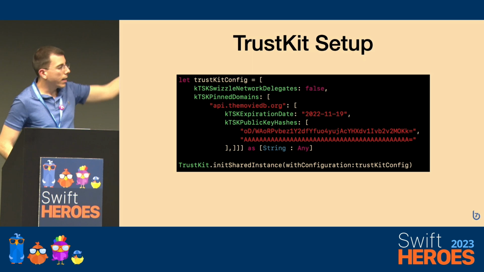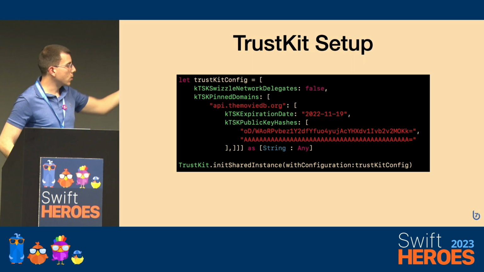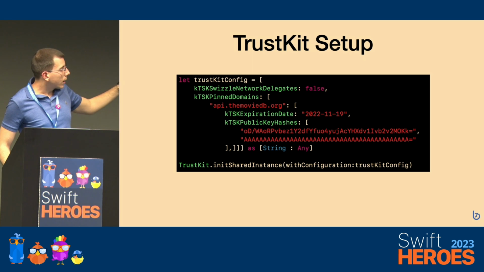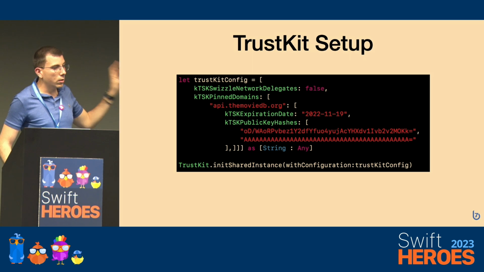In this case, The Movie Database offers only one public key, so you cannot do any other fallback. This tiny piece of code is only for the initialization, which you can put in the app delegate.